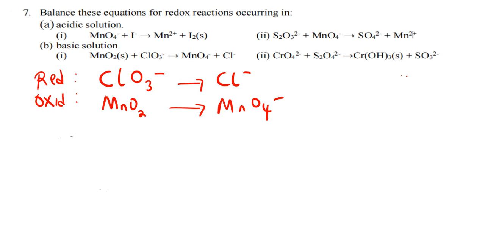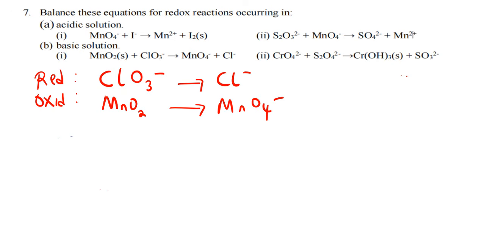Let's look at it in terms of oxygens. Here we had 2 oxygens, now we have 4 of them, so there was a gain in oxygens. Because there's a gain in oxygen, there's an increase in oxidation number, so oxidation is correct. Now that we have the reduction and the oxidation, and we know that these always happen simultaneously, we're now supposed to balance these atoms and everything like that.